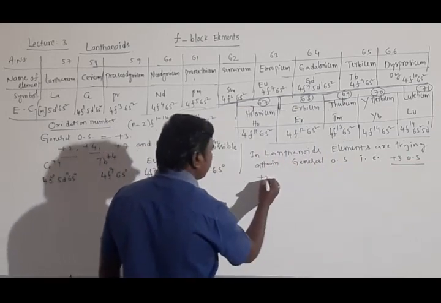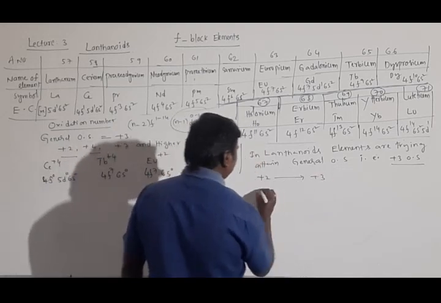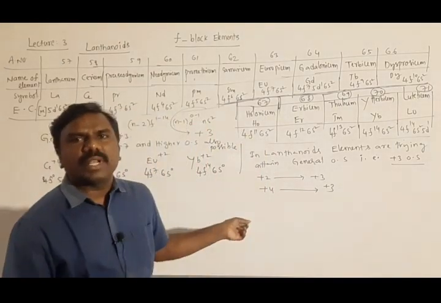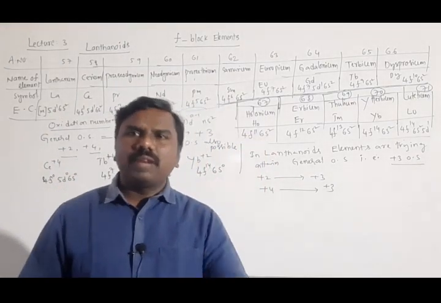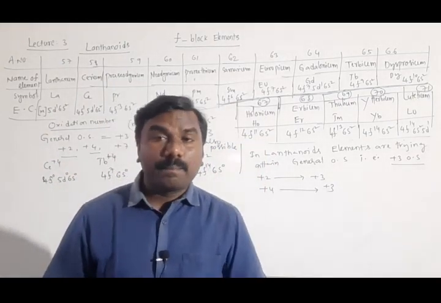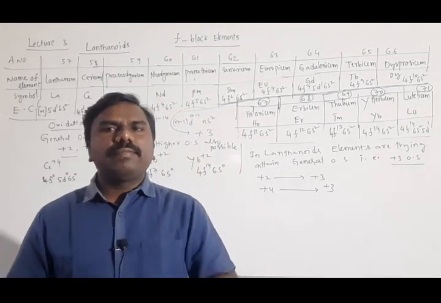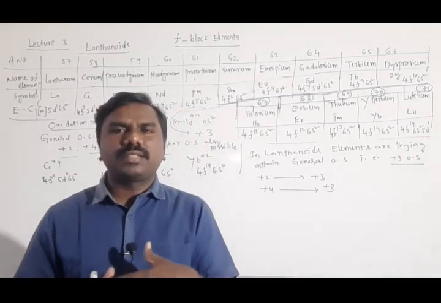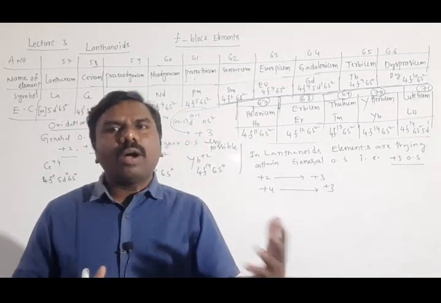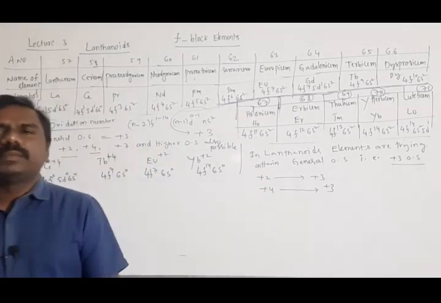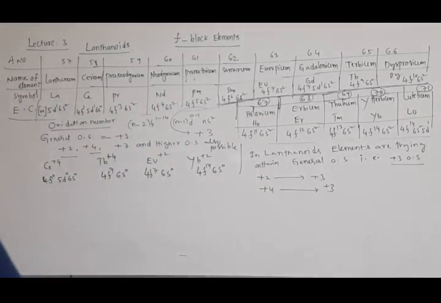It means plus 2 is there trying to become plus 3, plus 4 is there trying to become plus 3. Even though plus 2 and plus 4 are stable, they would like to convert into plus 3 state because it is common for all. So, every element, even though it is stable, is trying to become common with all other elements. That is why they try to become plus 3 oxidation state from plus 2 and plus 4.